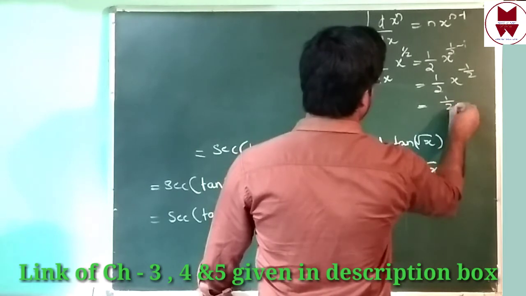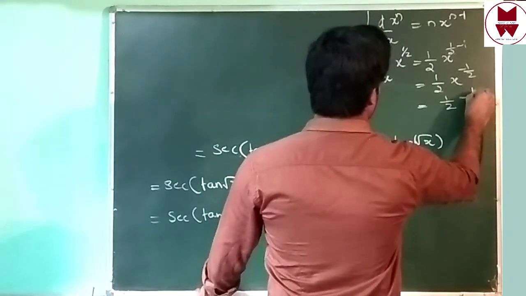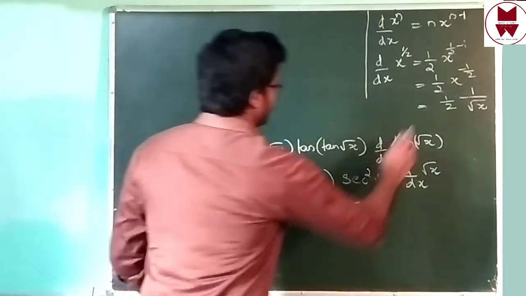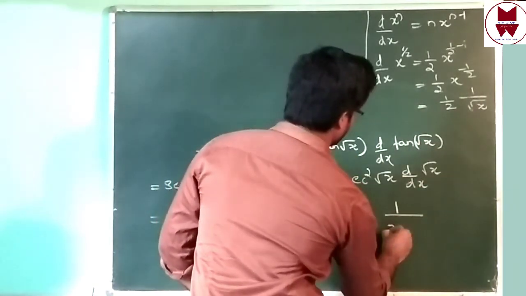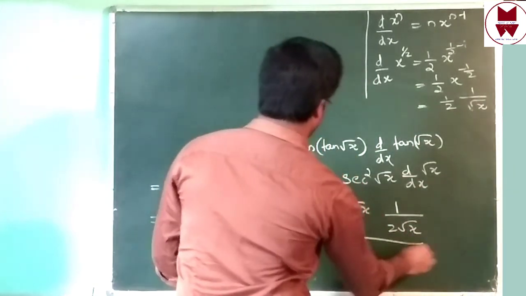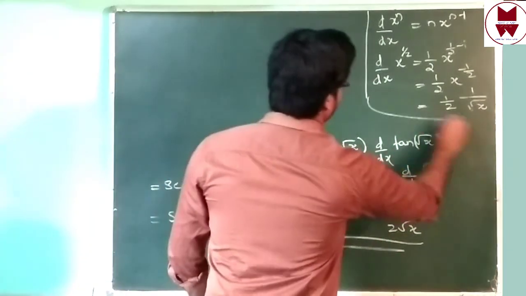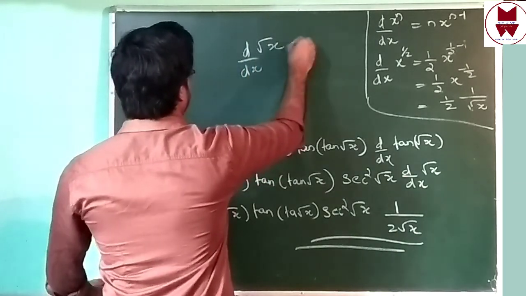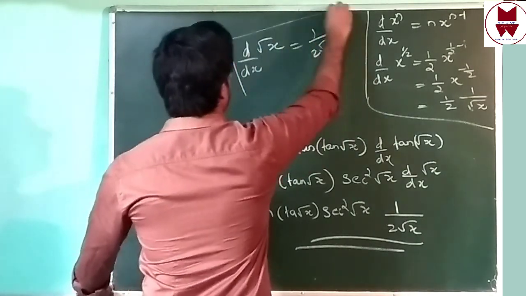Equal to 1 by 2, 1 by square root of x. That means 1 into 1, 1, 2 into root x, 2 root x. This is our answer. Keep in mind here, this part, d by dx of root x is 1 by 2 root x. Study it by heart.